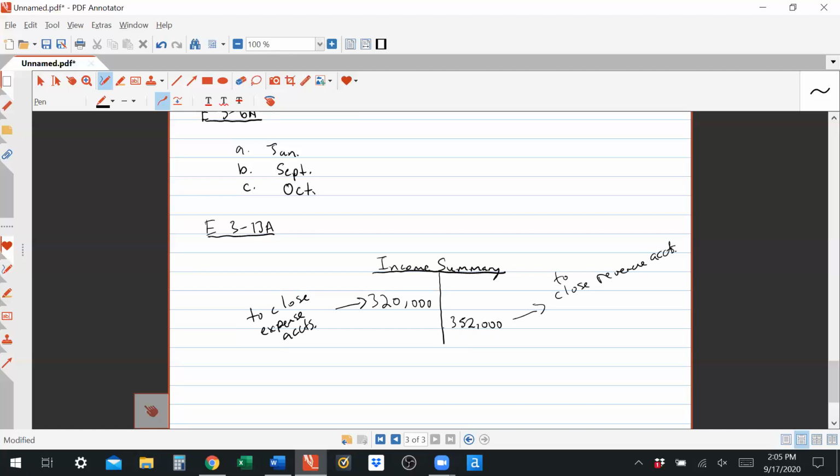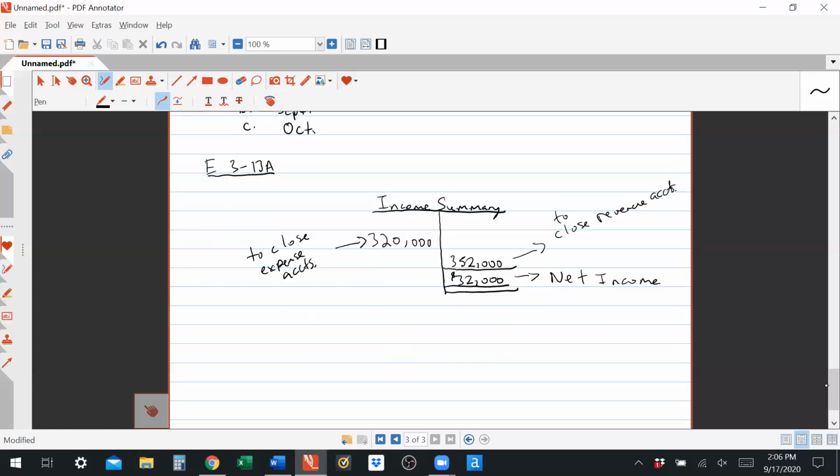And so the ending balance in income summary is a credit balance of $32,000. Revenues exceeded expenses by $32,000. This is the net income. If expenses had exceeded revenues, income summary would have an ending debit balance, and that would be called net loss.